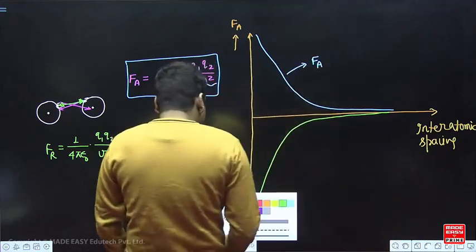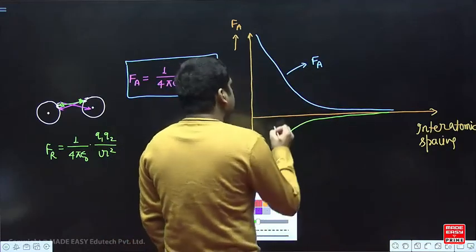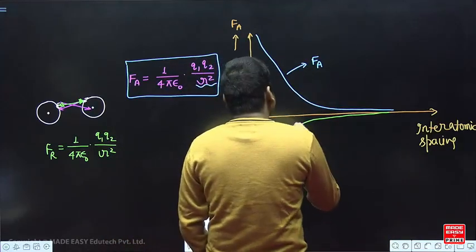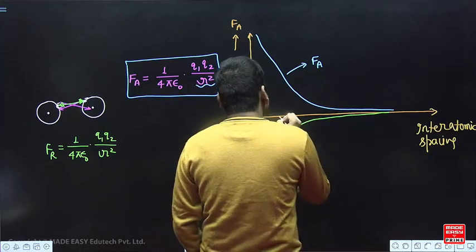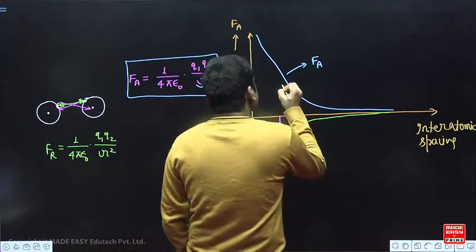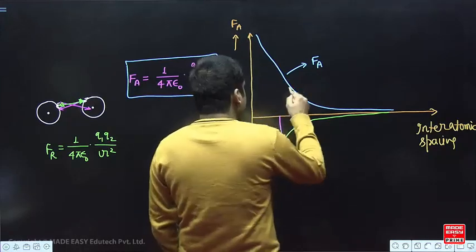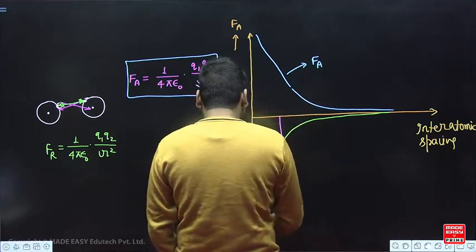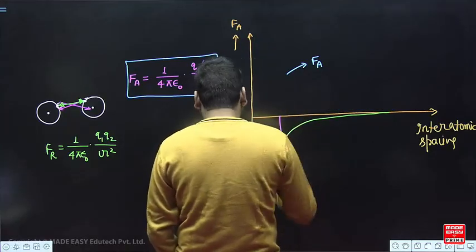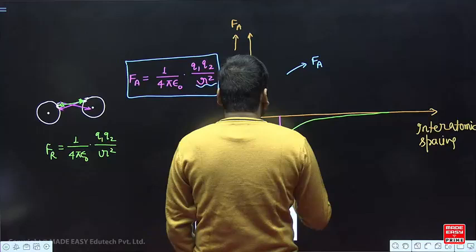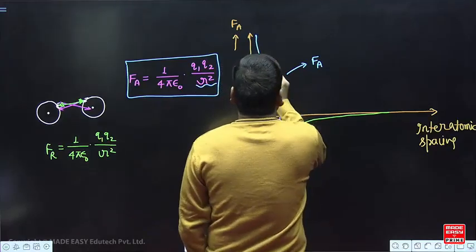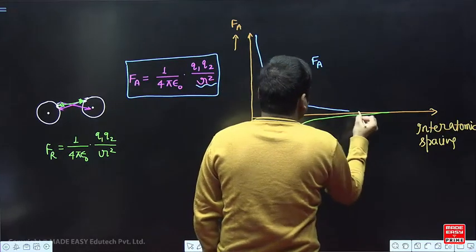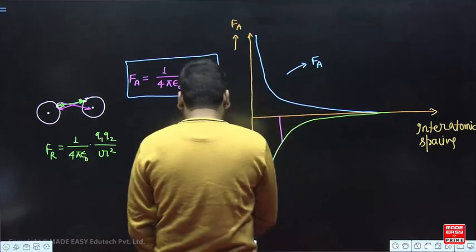At some interatomic spacing, the magnitude of these forces is, let us suppose, same. Suppose I am assuming the magnitude of these forces is same at some interatomic spacing. इन दोनों forces का magnitude कुछ interatomic spacing के लिए same है.